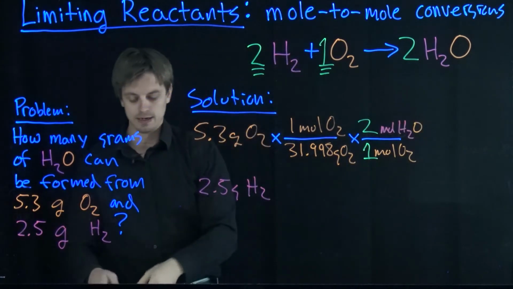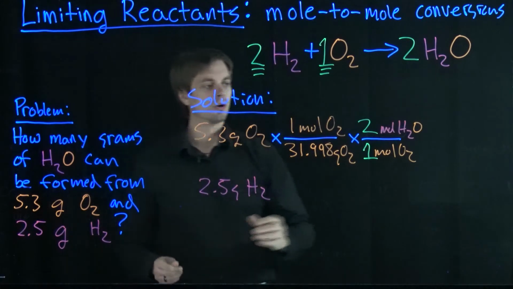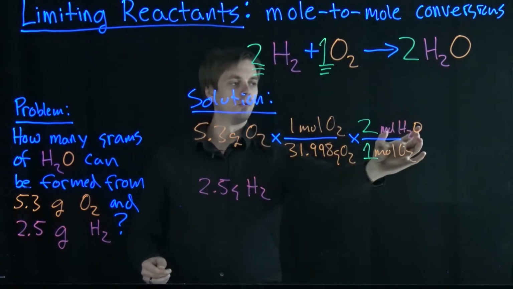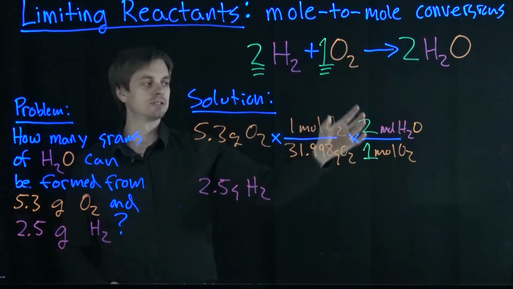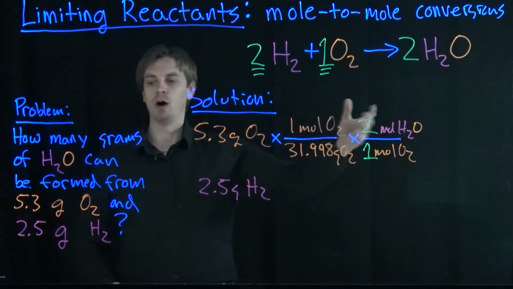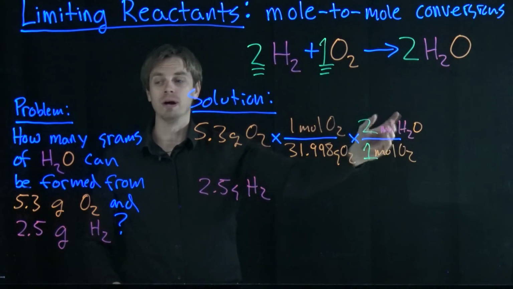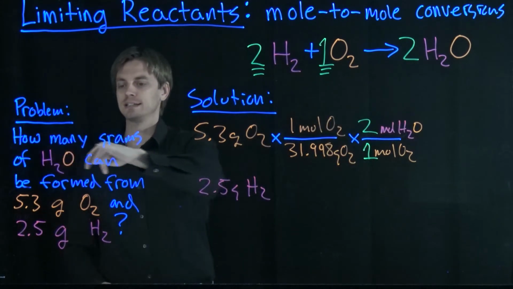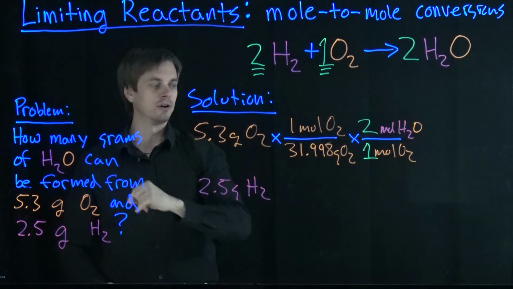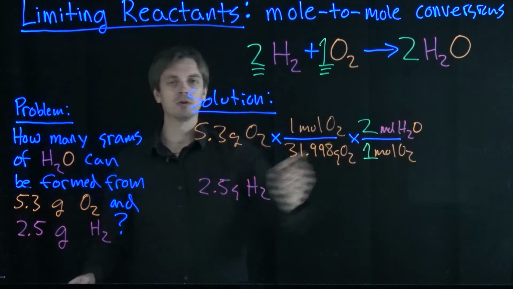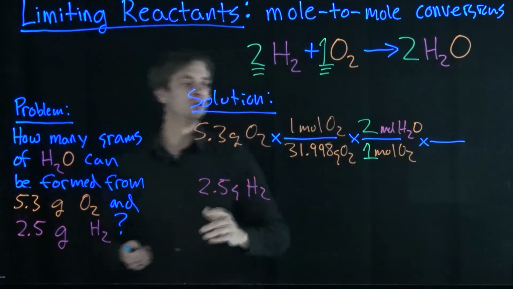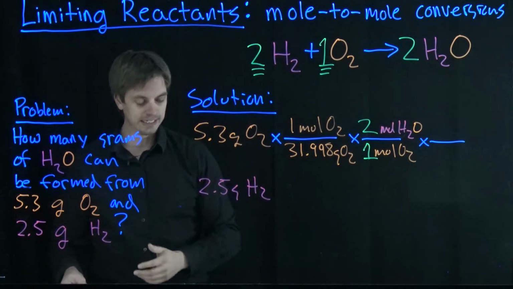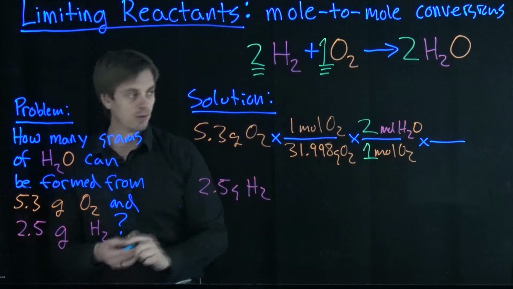Okay, now, at this point, we've got moles of water. And stopping here at moles of water would give us the correct final answer in terms of how much product we're going to form. However, the question is asking us to determine how many grams of water, so we're going to go ahead and do a final conversion here, taking us from moles of water into grams of water, which once again is going to rely on our molar mass.